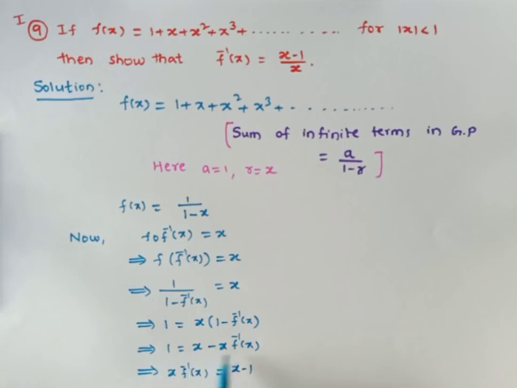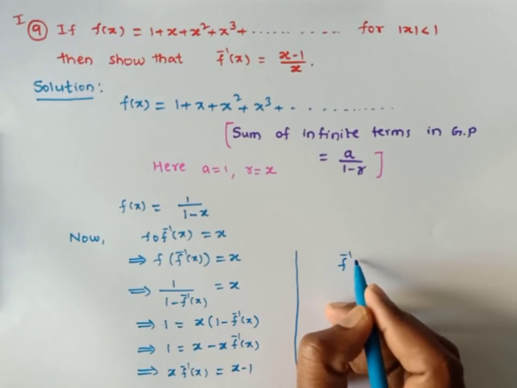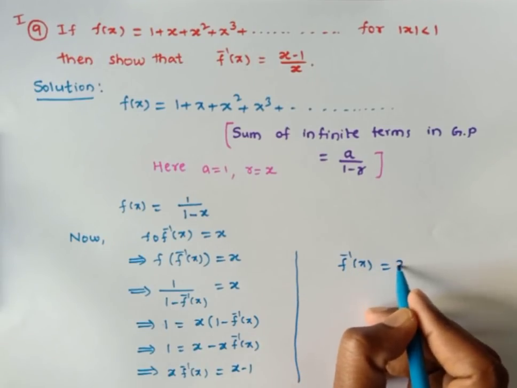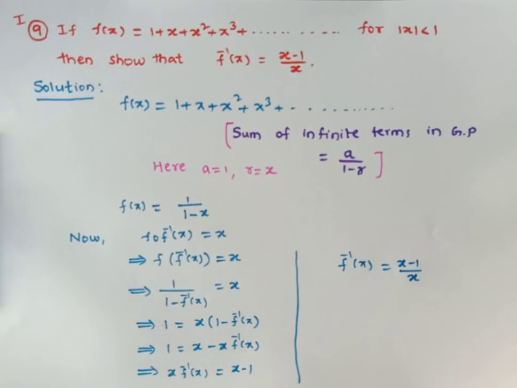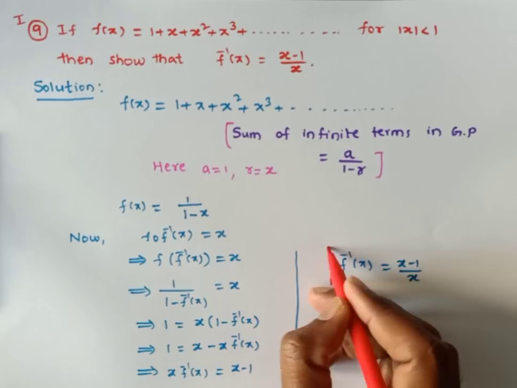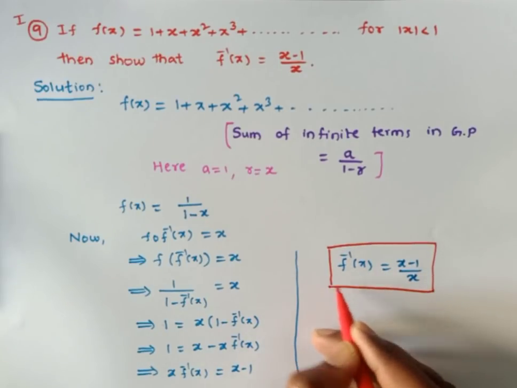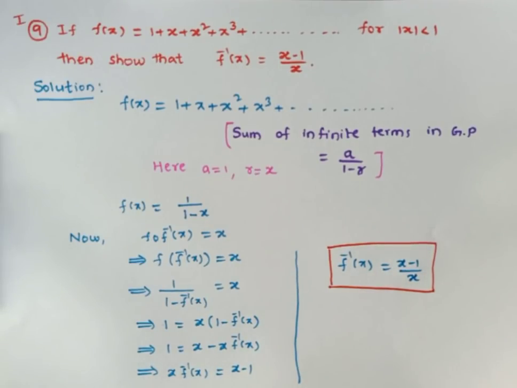Just transpose, and divide on both sides by x, therefore f inverse of x is equal to x minus 1 divided by x. So the inverse of the given infinite series is x minus 1 divided by x, since the given series is in geometric progression.